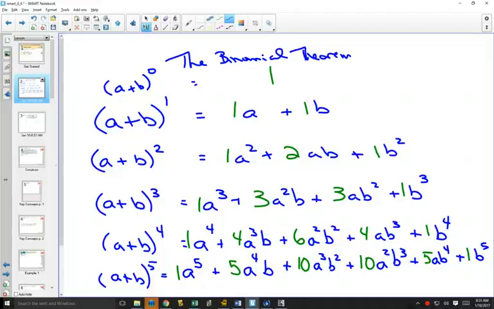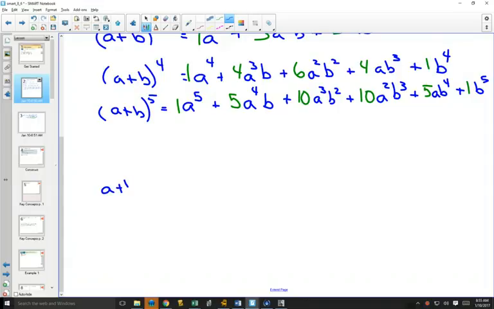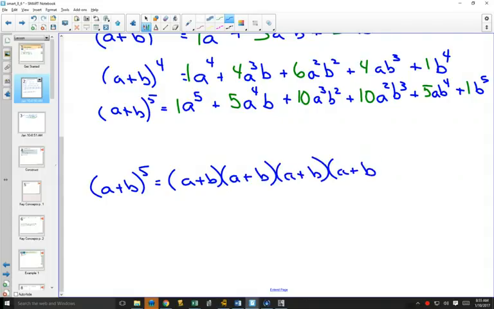So if we look at a plus b to the 5, that's equal to a plus b times a plus b times a plus b times a plus b times a plus b.